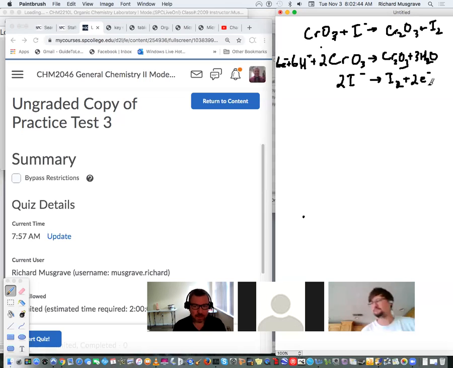But this one's actually not that bad, Alex. Oh, I see my problem. I had the 3H2O on the left side for the chromium instead of the right side. Right. Well, okay, that'll change things.